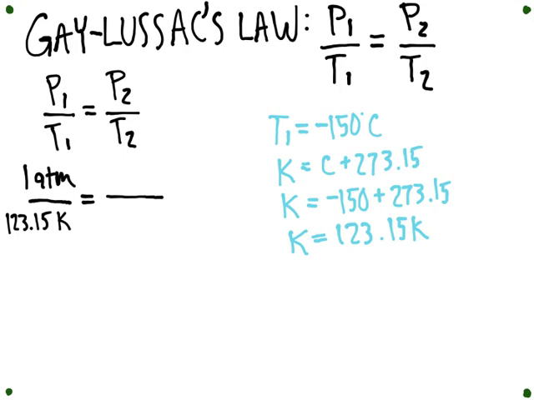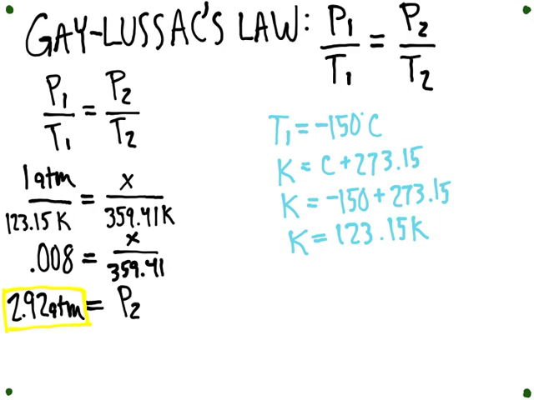On the other side, we leave final pressure blank because it's what we're looking for, and we fill in our final temperature with 359.41 Kelvin, which we have from the previous step. Divide both sides and you should end up with 2.92 atmospheres of pressure. So at the end of our reaction, the pressure of the gas went from 1 to 2.92 atmospheres.